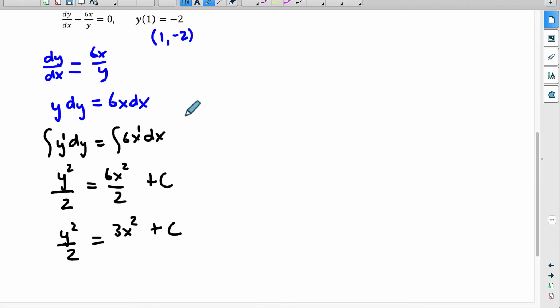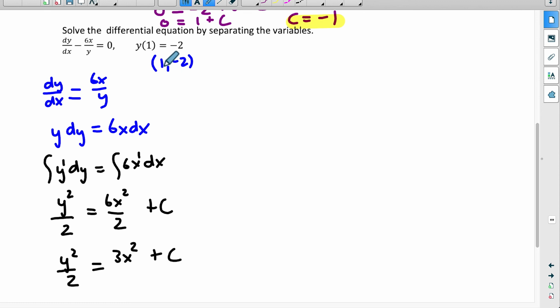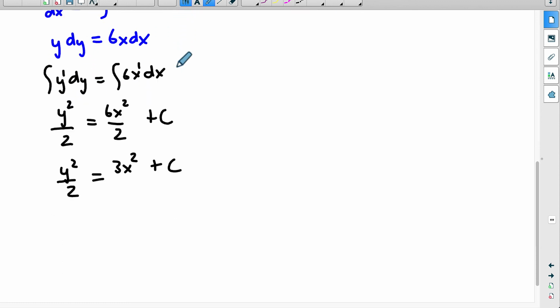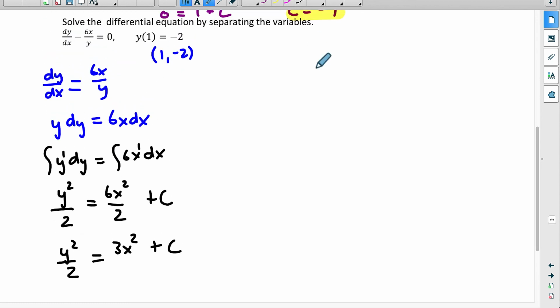Okay, it's time to put our numbers in. We have a 1 for x and a negative 2 for y. I think I'm going to do it up here so I can still see it all. So where it says y, I'm putting negative 2. I have negative 2 all squared divided by 2 equals 3, and where it says x, I'm putting 1, 1 squared plus c. So negative 2 squared is 4, positive 4 divided by 2.